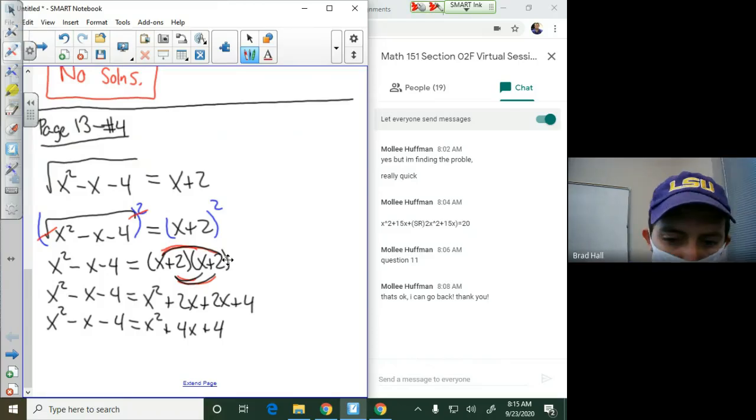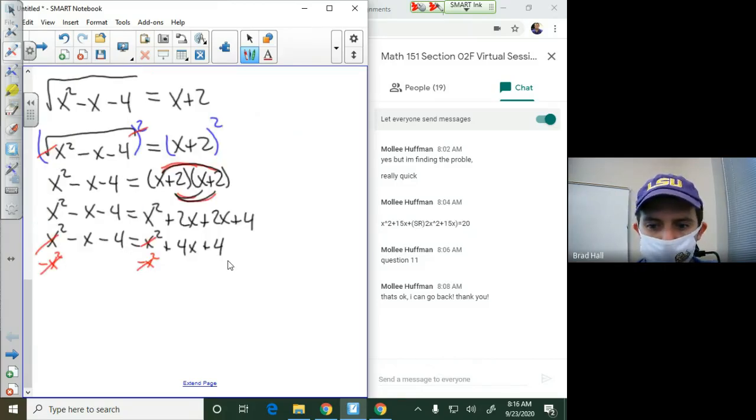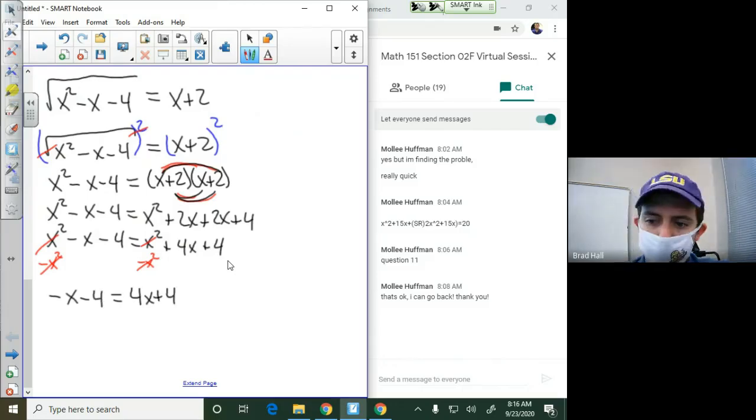Subtract x squared on both sides, which really just cancels out the x squareds. We can add x on both sides.